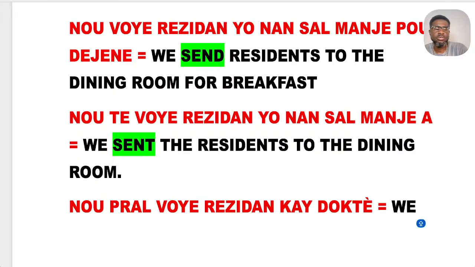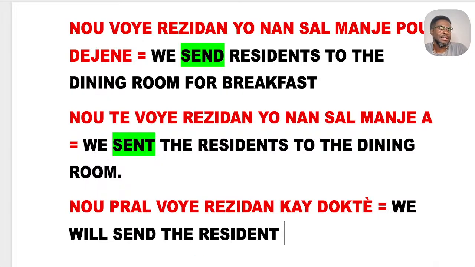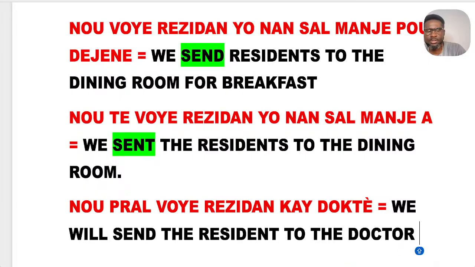So we, nou, is we. We will send the resident to the doctor. We will send the resident to the doctor. Nou pral voye resident kay dokte. We will send. All right, so make sure you keep this form. Make sure you keep it.